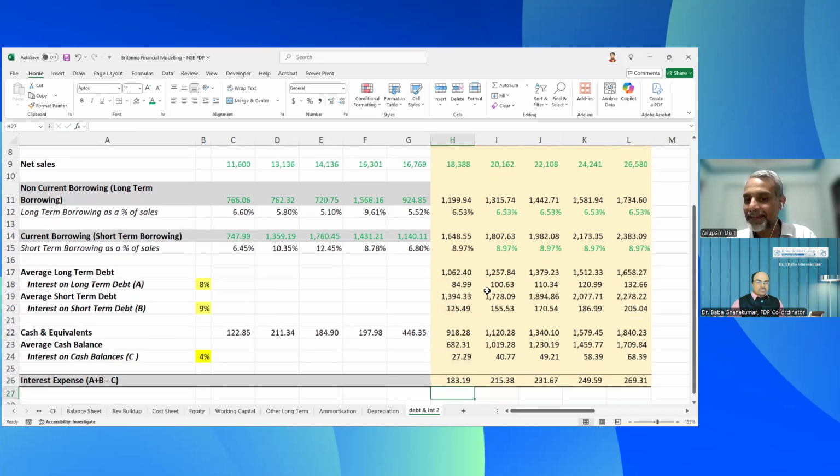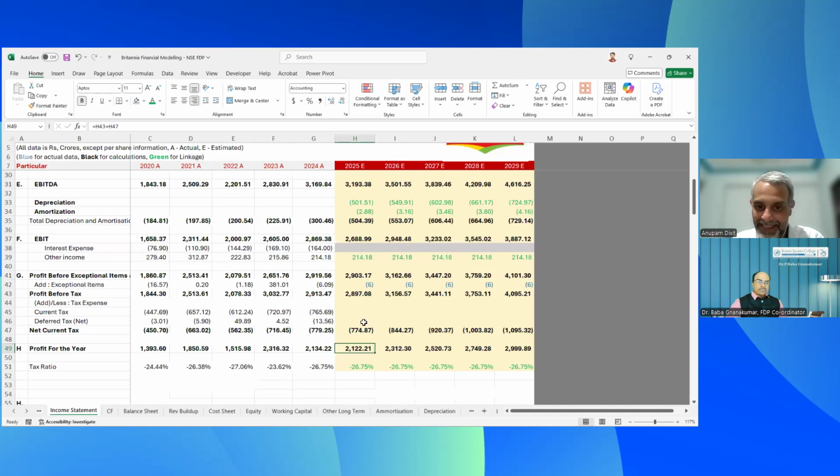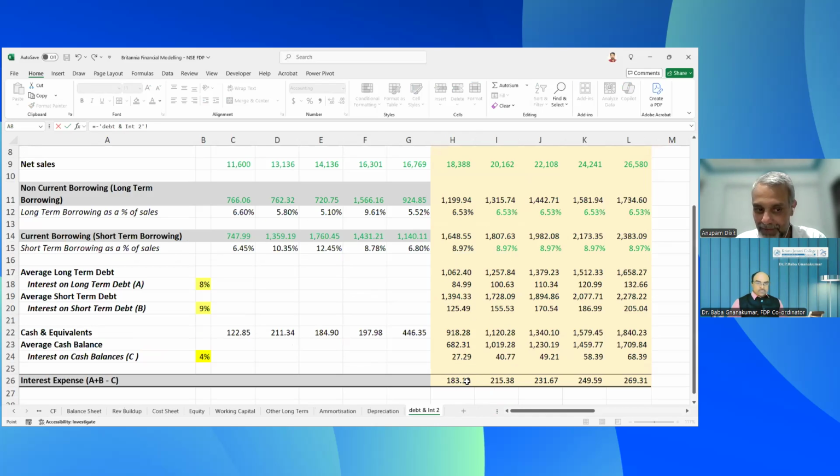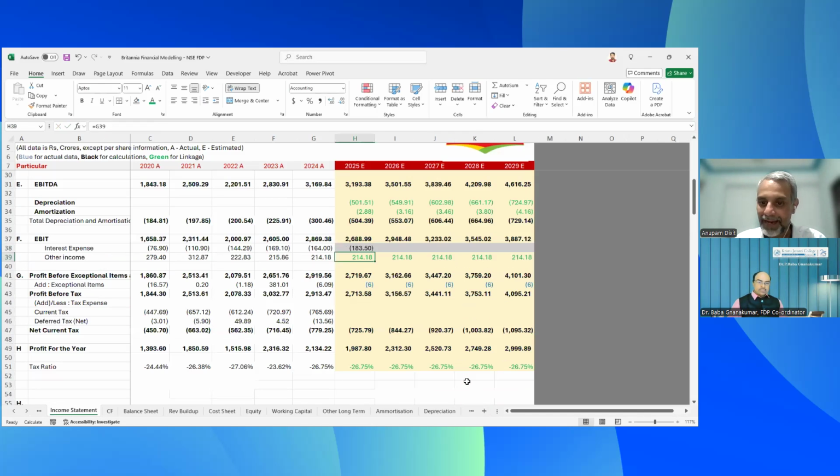We have calculated those values and taken them back into the income statement, right? This value should now be in the income statement, which currently is not there, I guess. So this interest expense should be equal to minus, and we go to this sheet here and link this value, and we copy this formula till all the future years, right?